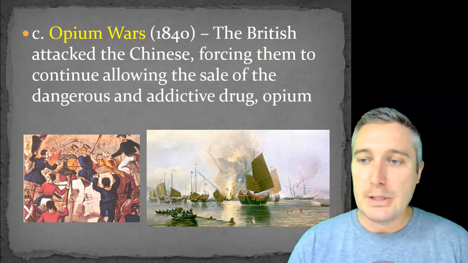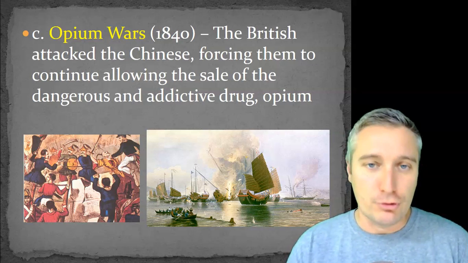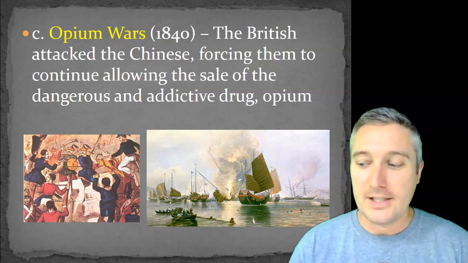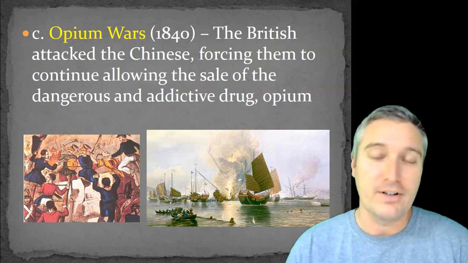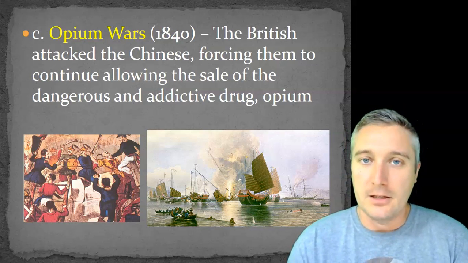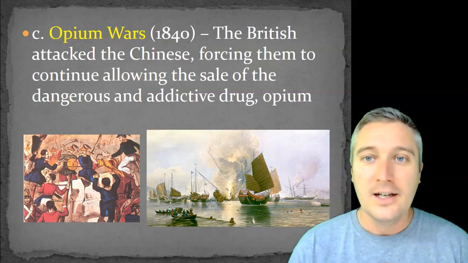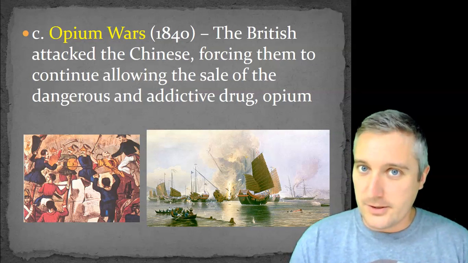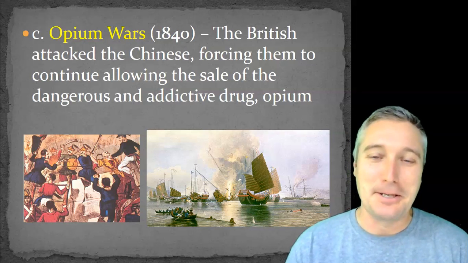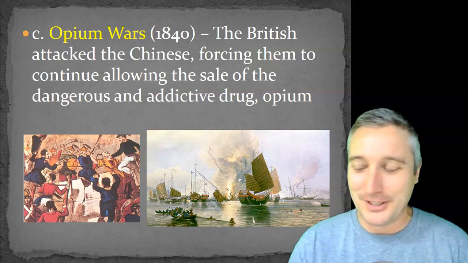Britain said that basically they had the right to sell any good that they wanted, and that China didn't have the right to say no. It resulted in a war. In fact, there would be multiple wars over this, but the Opium Wars, in which, of course, Britain, being the modern industrial power, won the right to sell drugs. If that doesn't show you where the moral line is in imperialism, I don't know what will.